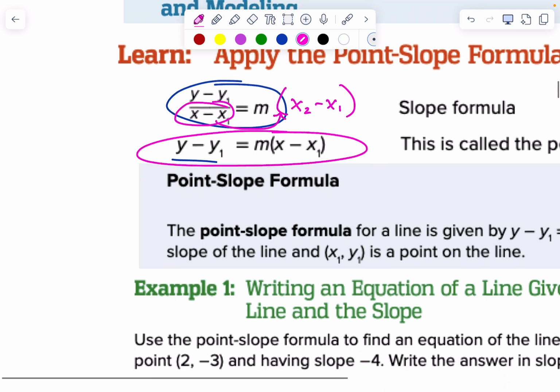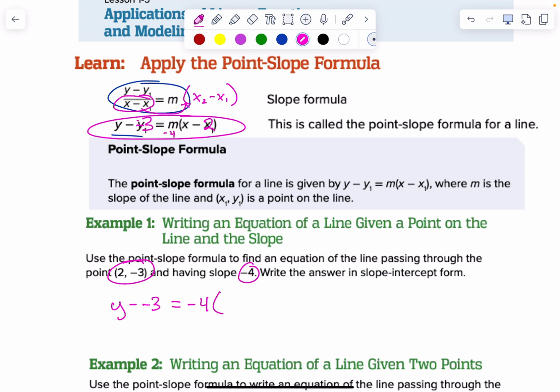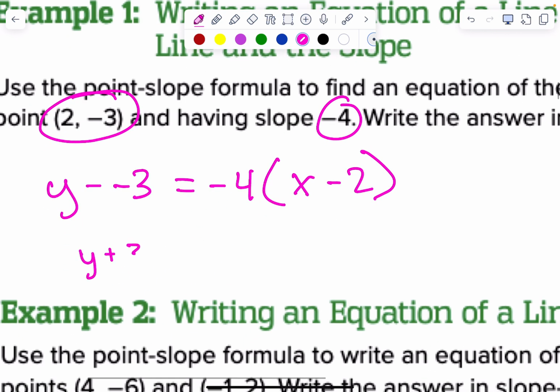If they tell you your slope is -4 and your coordinates are 2 and -3, you plug -3 in for the y and 2 in for the x, so your equation would be y minus -3 equals -4 times x minus 2, or in other words, y plus 3 equals -4 times x minus 2. That is point slope form, and it looks rather silly.